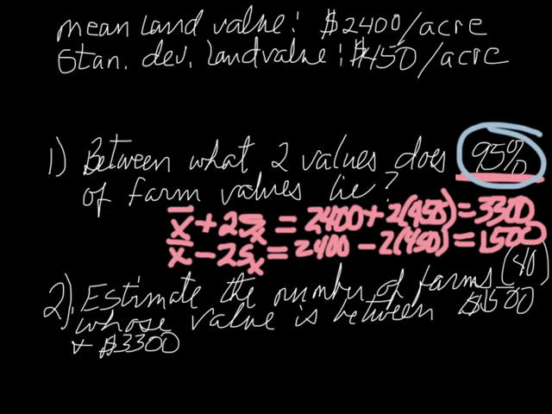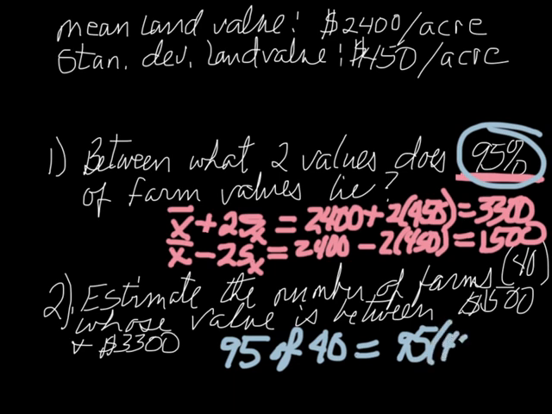So all I need to do is take 95% of the 40 farms, which is 0.95 times 40, and when I multiply that out, I get 38 farms. So I now know that 38 out of the 40 farms have that value.